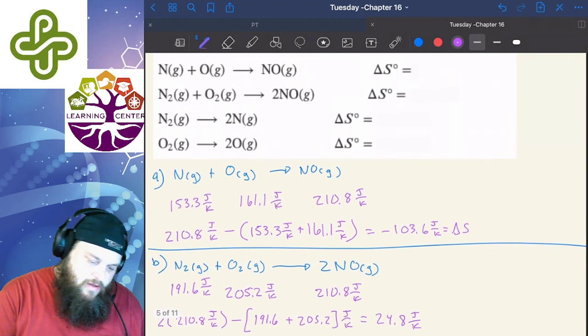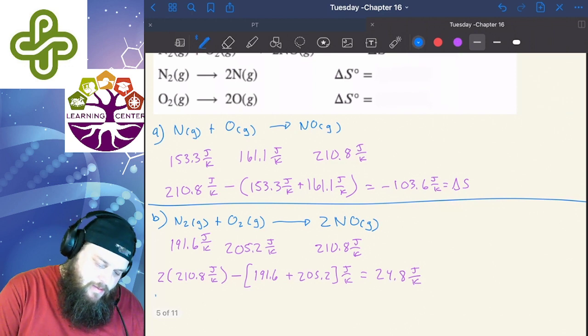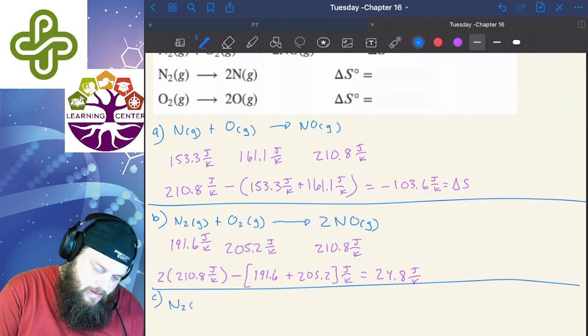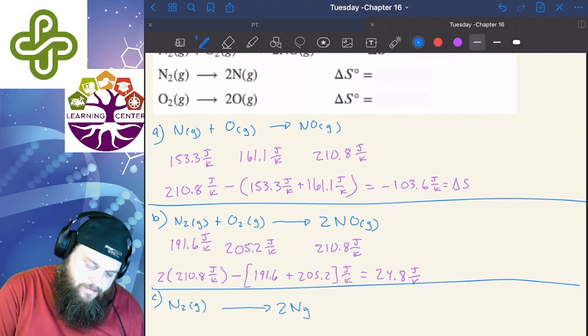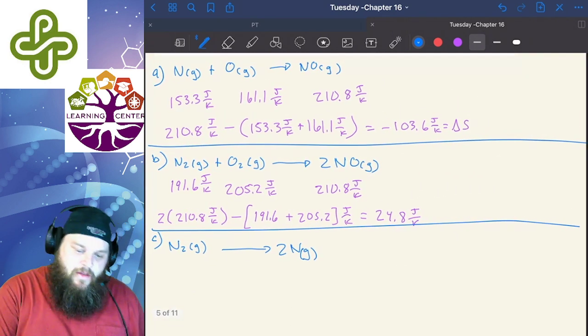We've got 2 more to do here, so let's knock them out pretty quickly. The next one, part C, is going to be N2 gas, which is just going to form into 2N gas. So luckily we've already looked up these values.